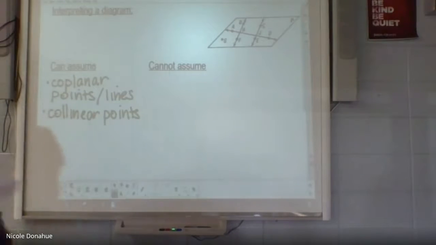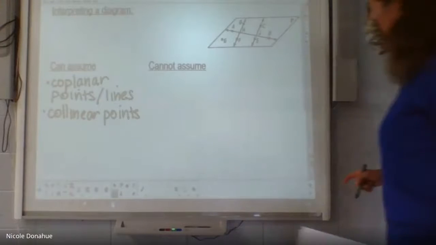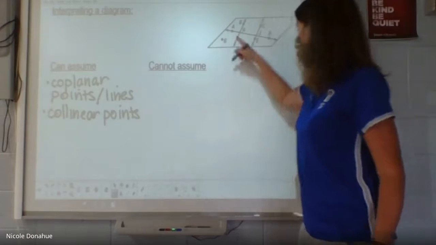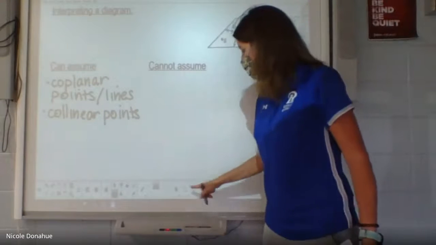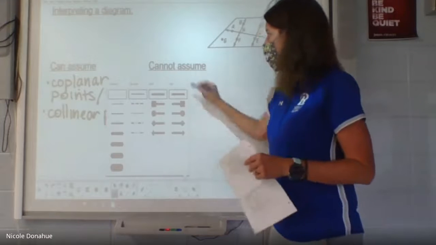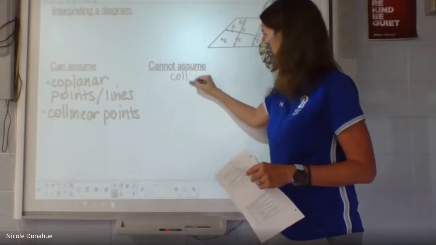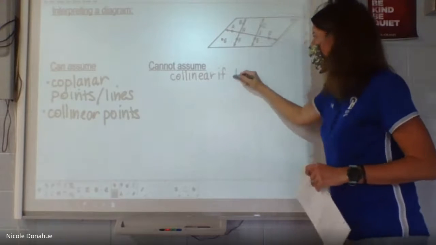However, not all the points are collinear. Points I see that are collinear are on the same line. However, you cannot assume they're collinear if they do not share a line.